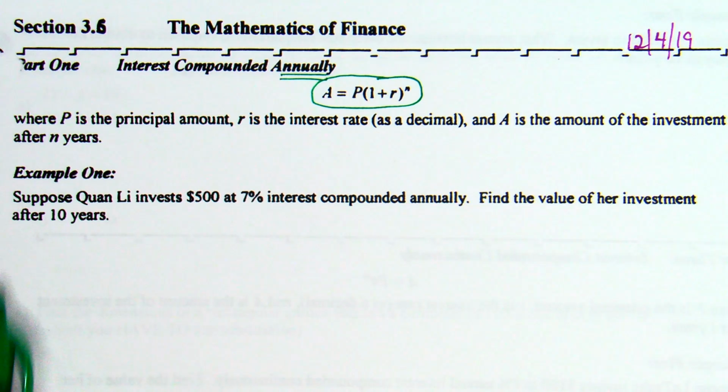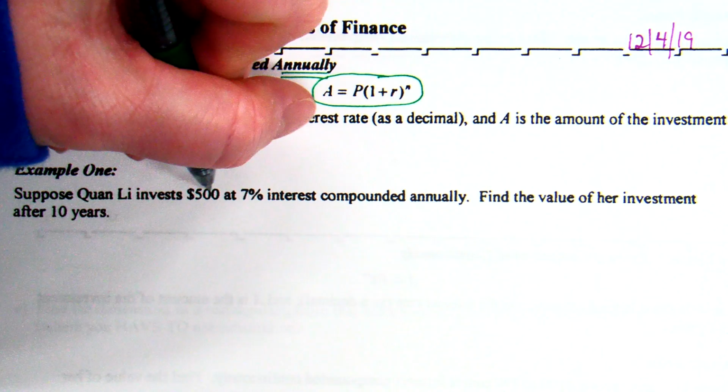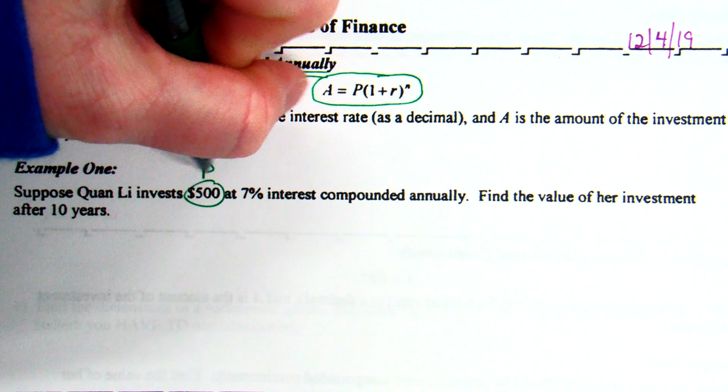Okay, so let's look at example 1. Suppose Quan Lee invests $500 at 7% interest compounded annually. Find the value of her investment after 10 years. So, what can you tell me? Okay, 500 is P because that's the principal she'll start with.